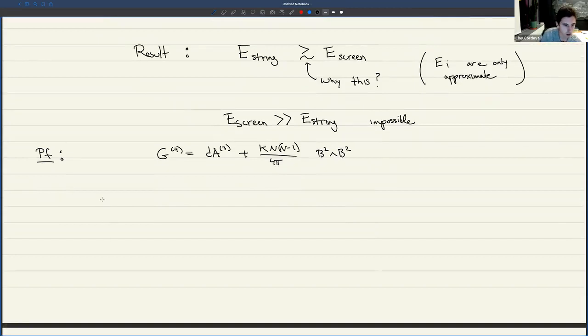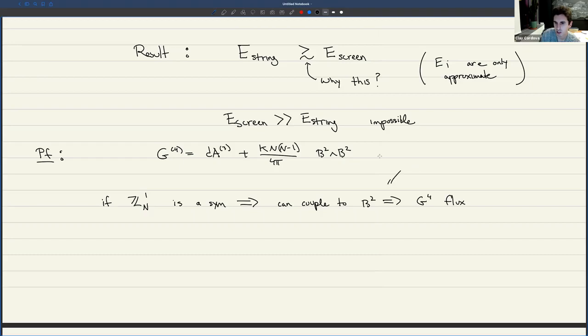Well, if Zn1 is a good symmetry, this implies we can couple to B2, which implies we have G4 flux.